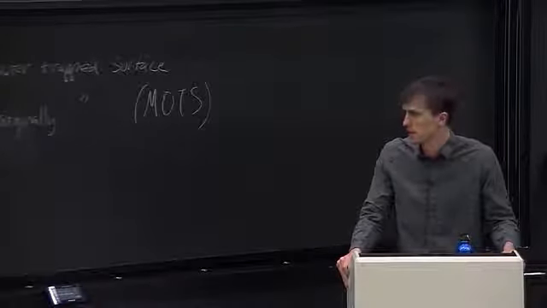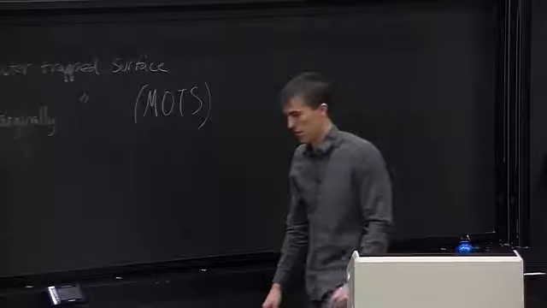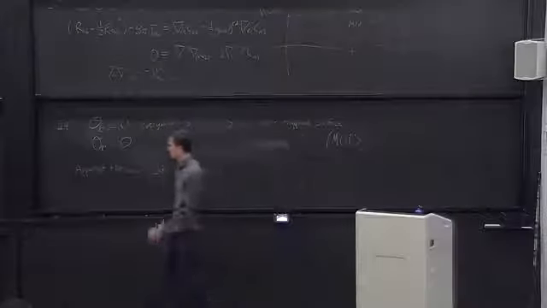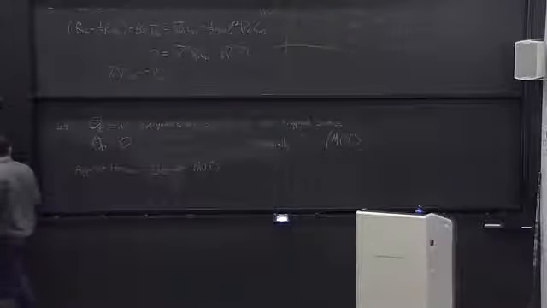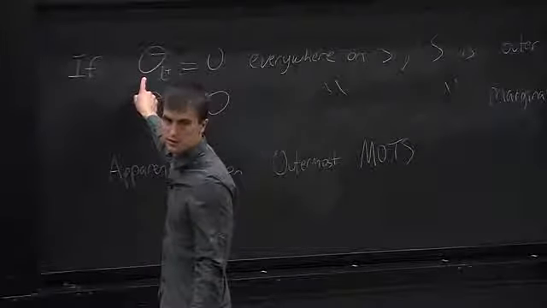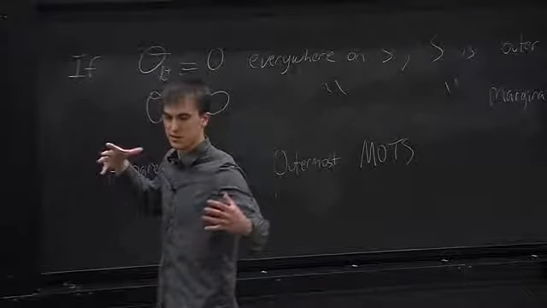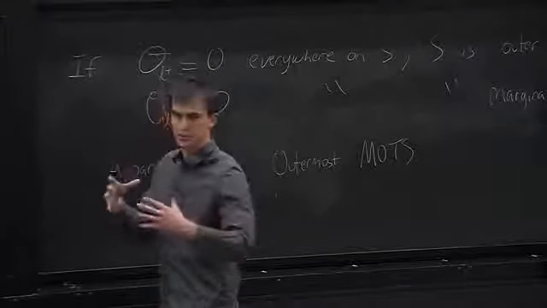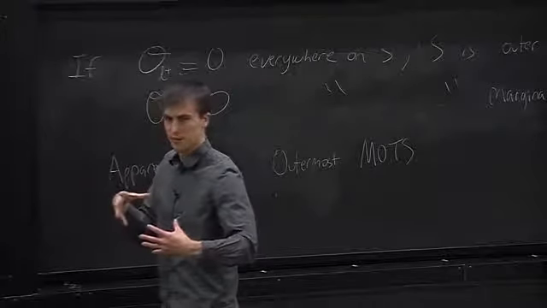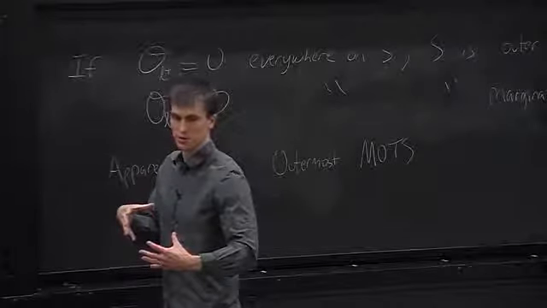So basically, one of them is you start with some guess of what your surface is. You compute the outward null expansion on that surface, and then you see how big it is at every point, and then you flow that surface a little bit to try to find where it equals 0.